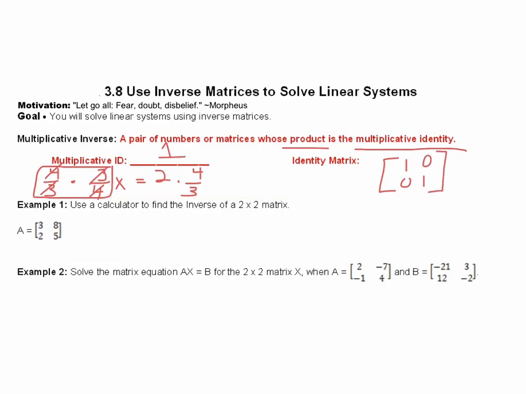So our most common identity matrix is going to be a 2x2 identity matrix, where we have 1s across the diagonals and 0s everywhere else. We get the identity matrix if we multiply a matrix by its inverse.